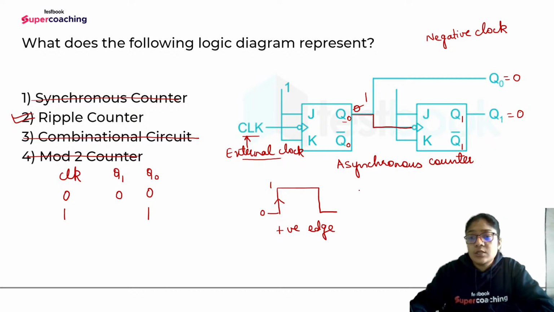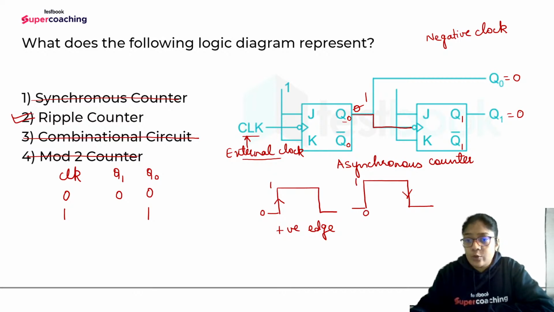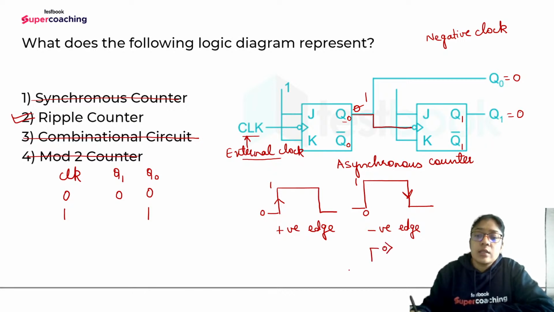And negative edge is when it is coming from 1 to 0. This is 0 to 1, so the arrow is from 1 to 0. We represent negative clock with the bubble. The bubble is basically used to complement. So this is the representation for negative edge, and for positive edge, it's simply this. So in negative, it is going from 1 to 0.